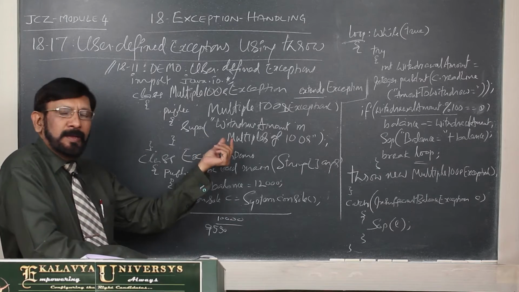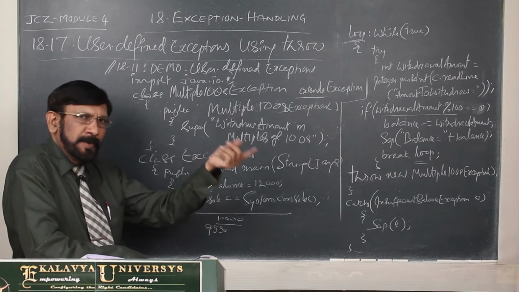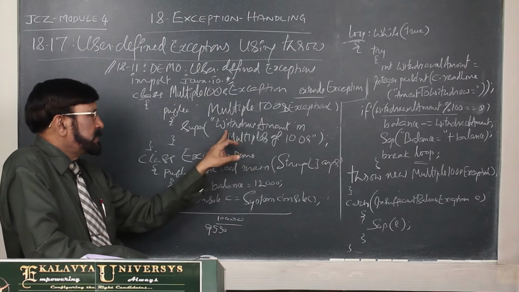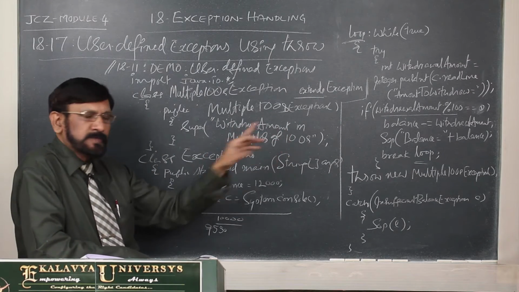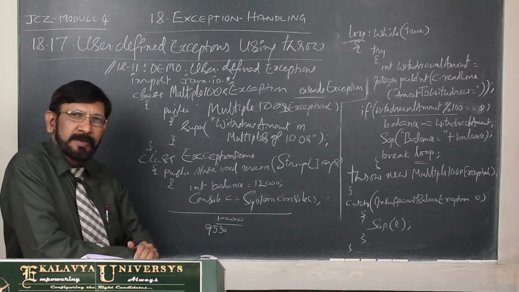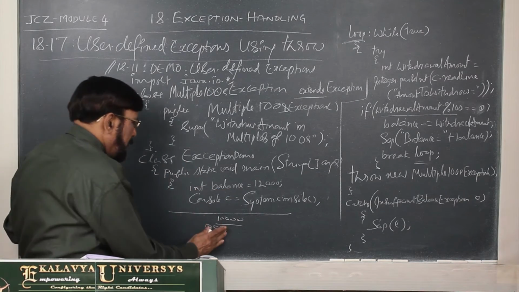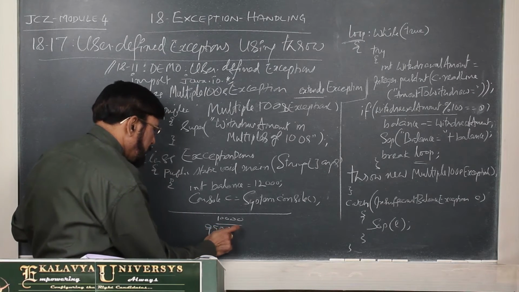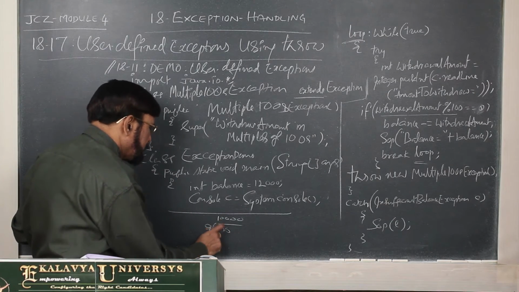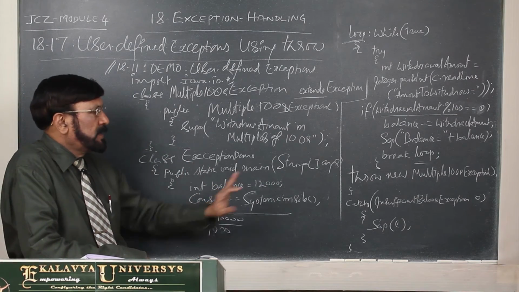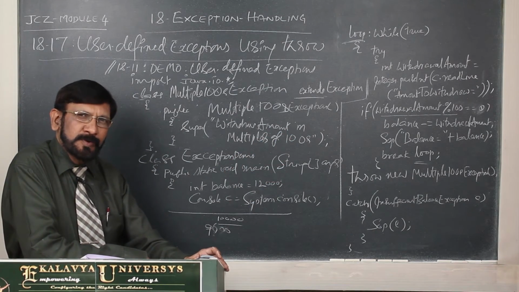That's why at the time of interpretation, this message is thrown: Runtime exception, withdraw amount in multiples of hundreds. Then the customer can rectify his behavior and may ask for 9,500 or 9,600 or 10,000. But in multiples of 100, then it will be successful.